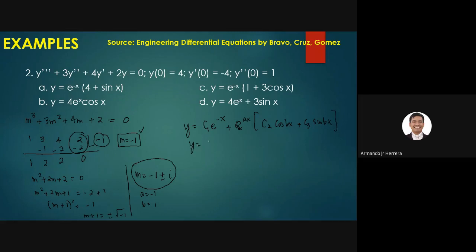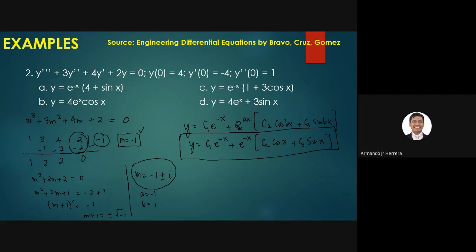So y here is equal to c1 e to the minus x plus e to the negative x, quantity c2 cosine x plus c3 sine x. So that is our general solution.